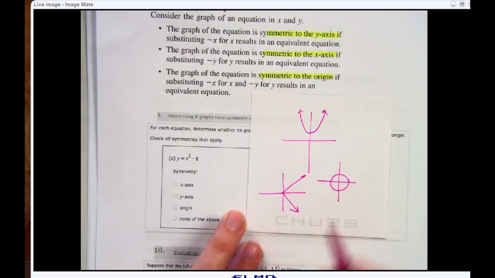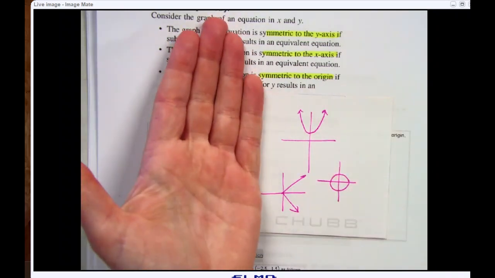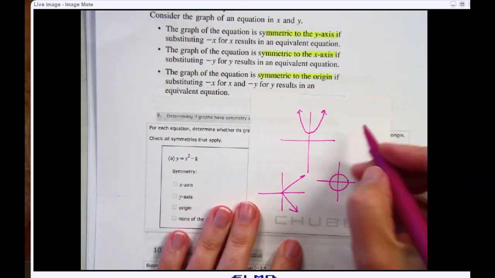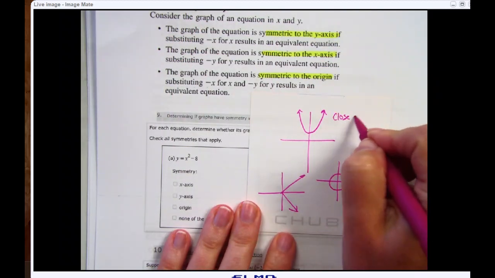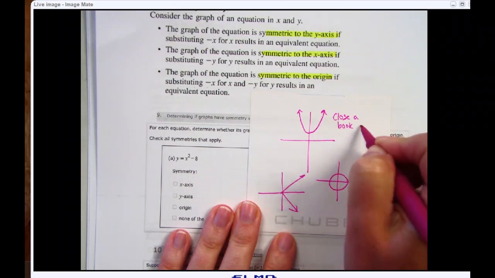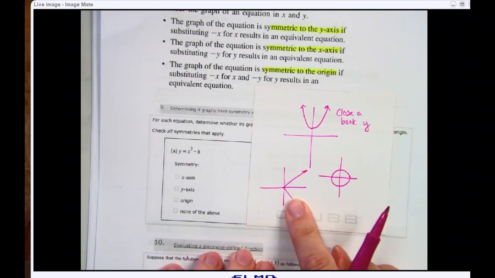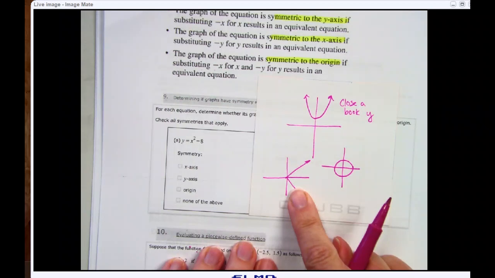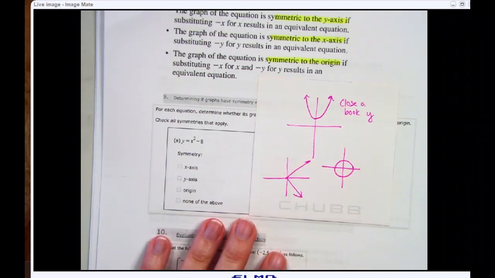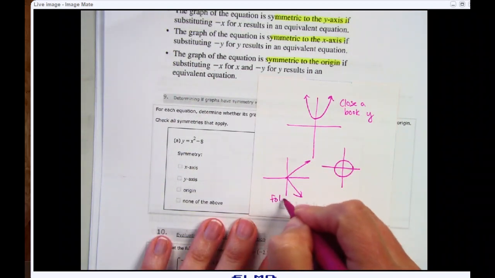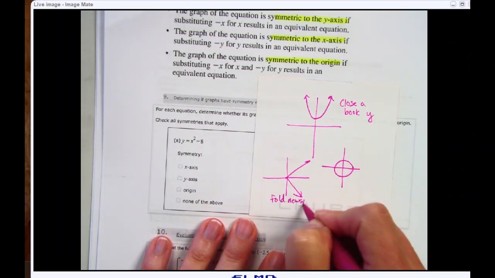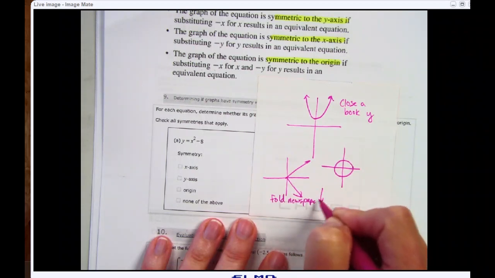Something like that? Okay, so this is how I like to think about it. If I can fold it left to right, like closing a book, it's symmetric on the y-axis. How about this one? Fold a newspaper, so that would be from the top down, right?